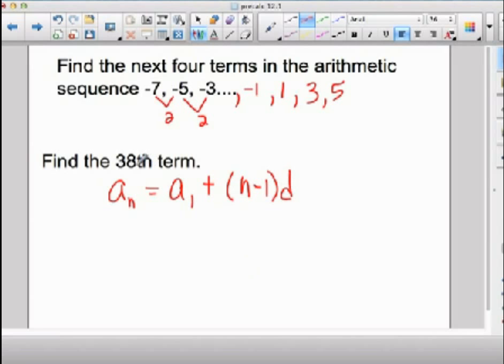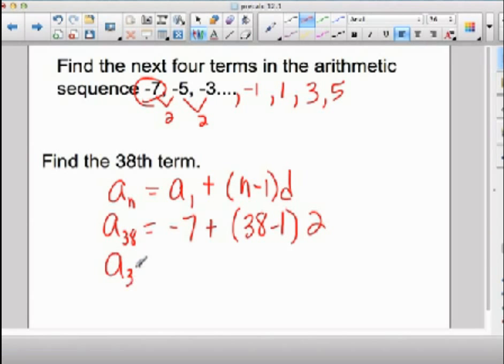Well, if we're looking for the 38th term, the 38th term is equal to the first term, which is our -7, plus 38 minus 1 times our common difference of 2. So our 38th term is equal to -7 plus 37 times 2, 74, which is 67. See that?